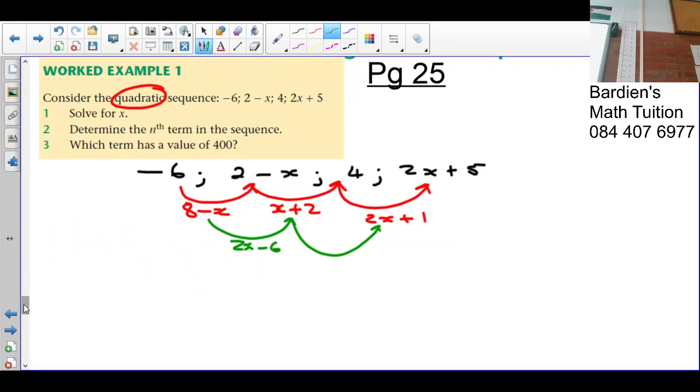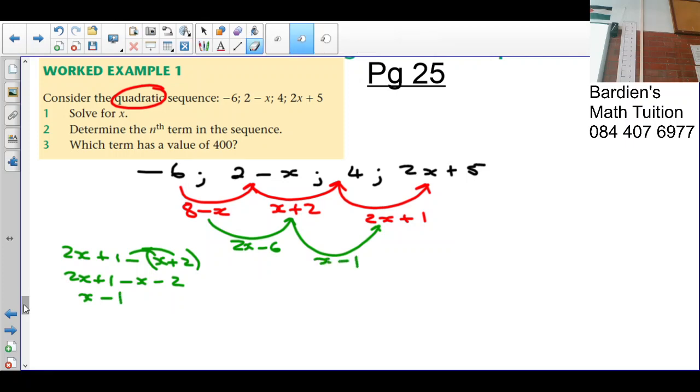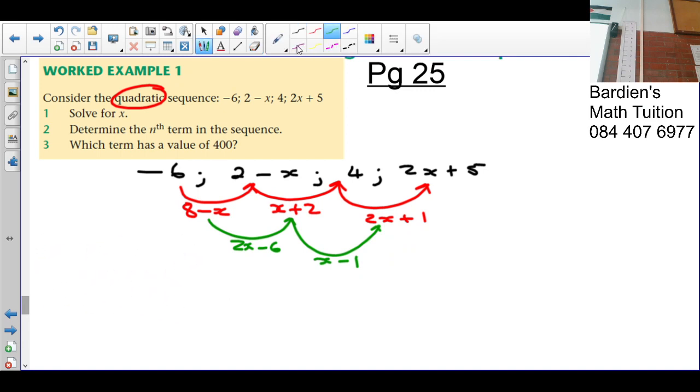Again, it's going to be 2x plus 1 minus, bracket, x plus 2. Multiply this in, I get 2x plus 1 minus x minus 2, which is x minus 1. And this is the second difference, not so? And what did we say about the second difference in quadratic? They are equal. It has a second common difference.